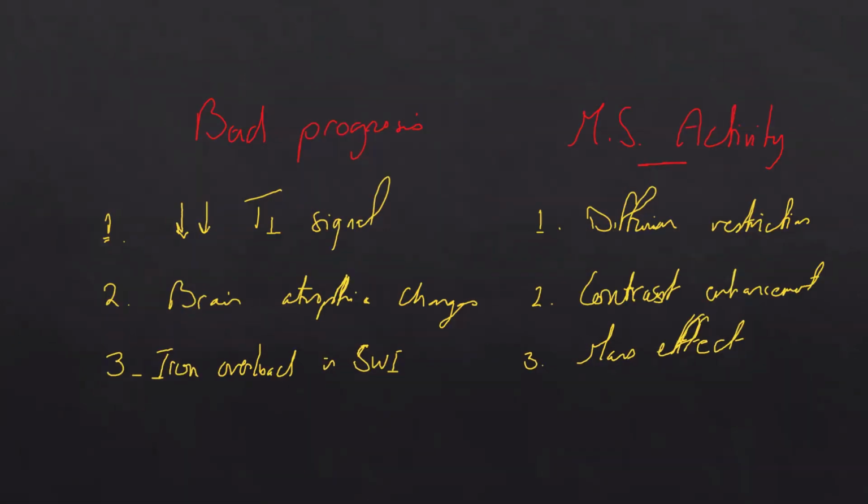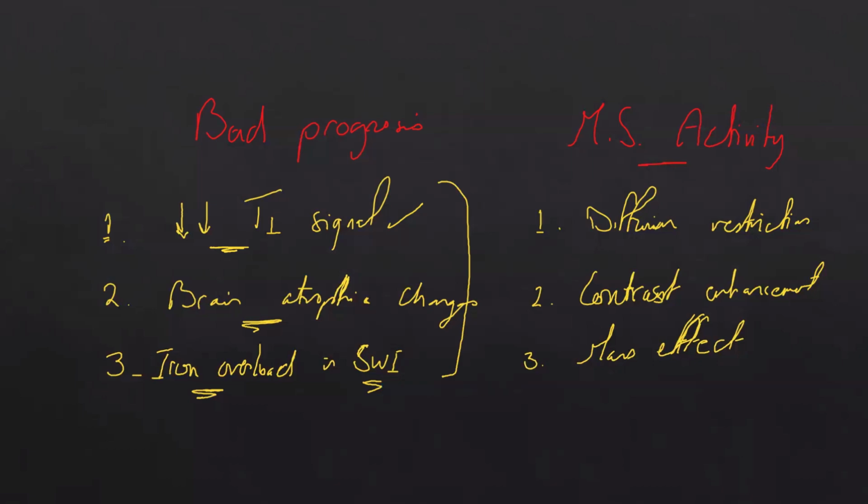We have some bad prognostic values regarding the morphological features in multiple sclerosis. Once we have demyelinating plaques with low signal on T1-weighted image, also brain atrophic changes, and iron overload, which we can detect by using SWI, those are considered bad prognostic values.